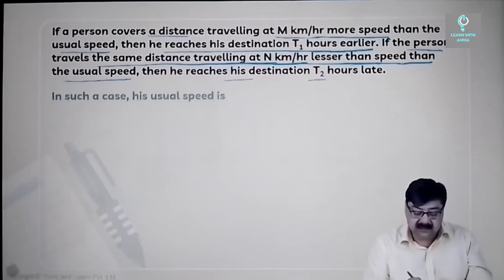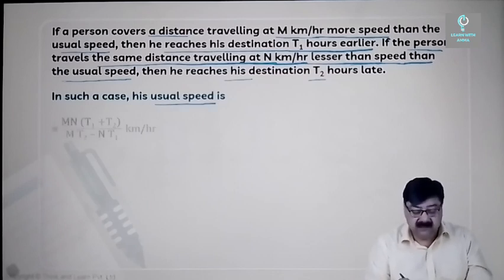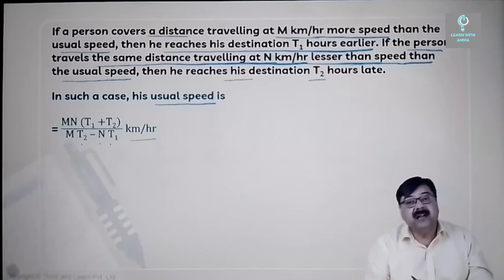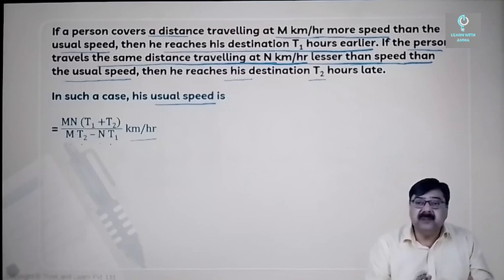In such a case, his usual speed is found using the formula mn(t1 + t2) divided by (mt2 - nt1) kilometer per hour. So simply employing this formula, we will find out the answer to the previous question.